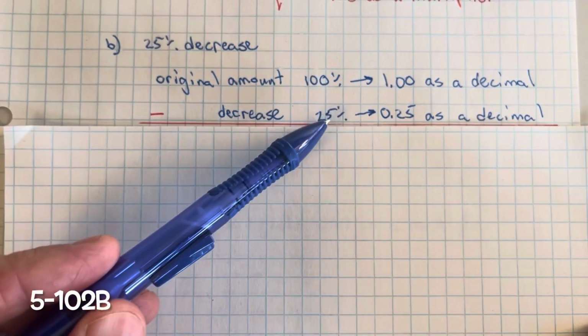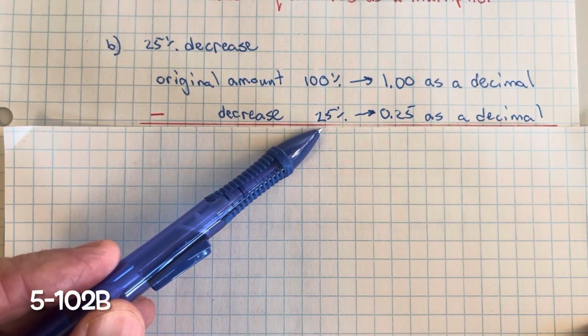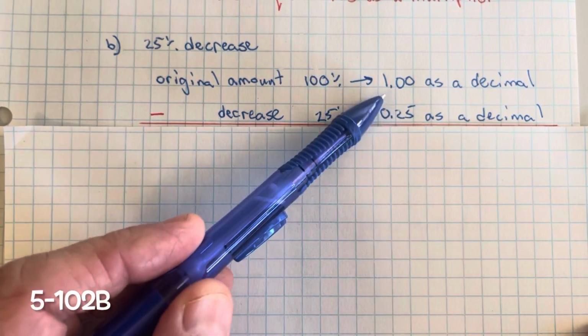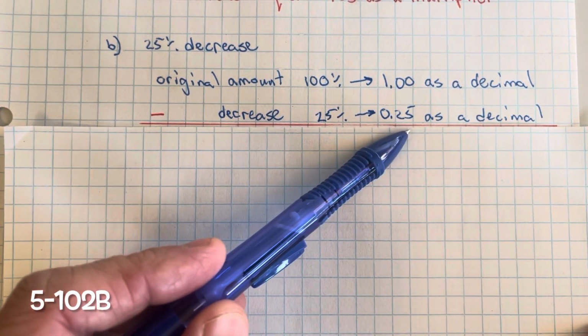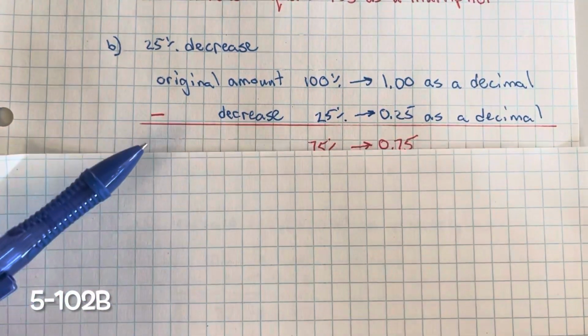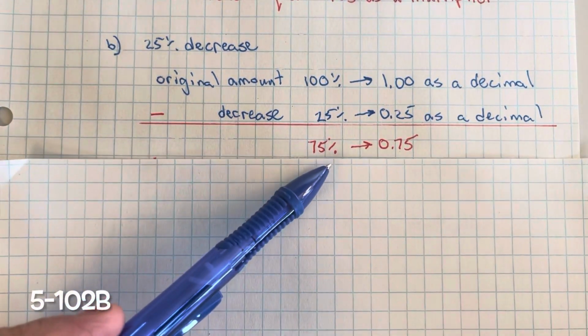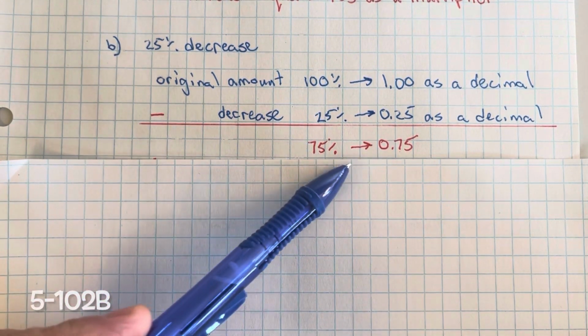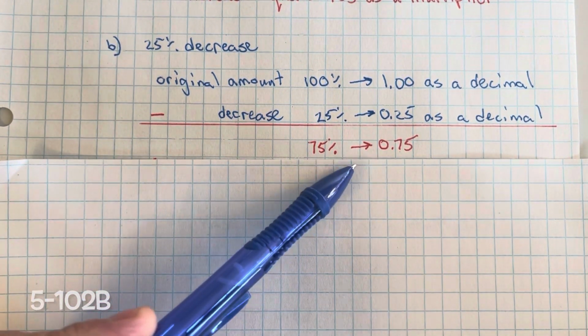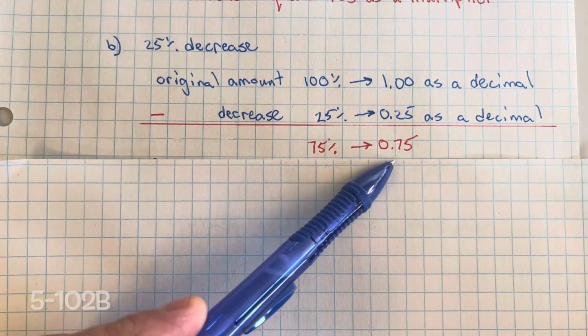And how much is it decreasing? By 25%. And so we have 25% as a decimal is 25 hundredths. And so the multiplier is 75 hundredths.